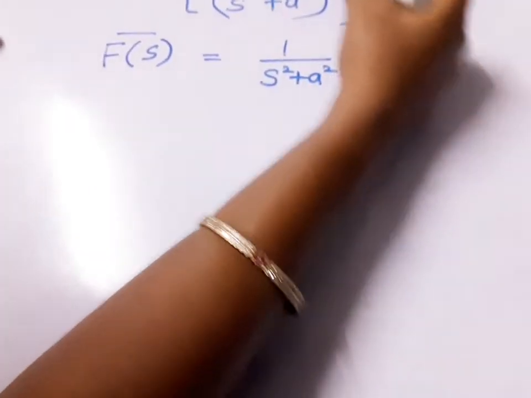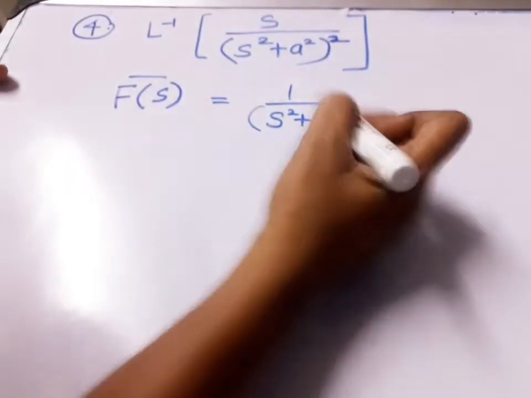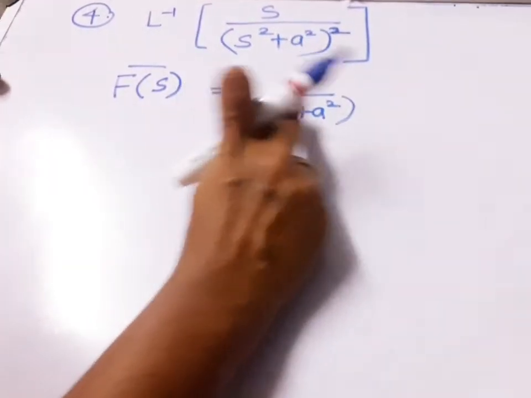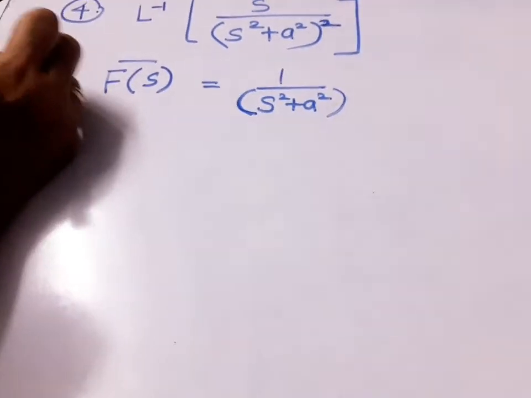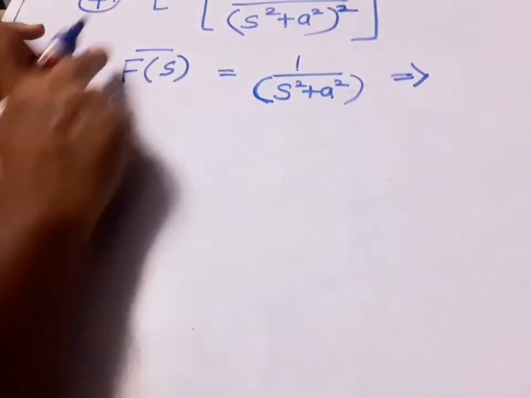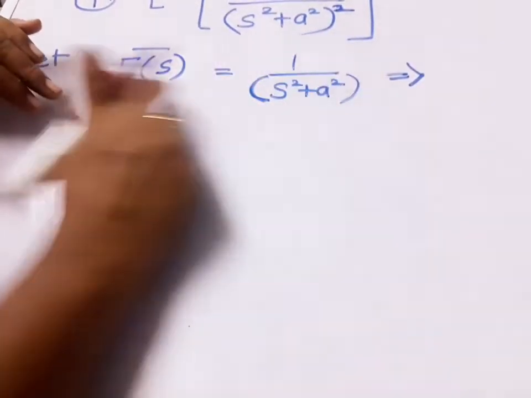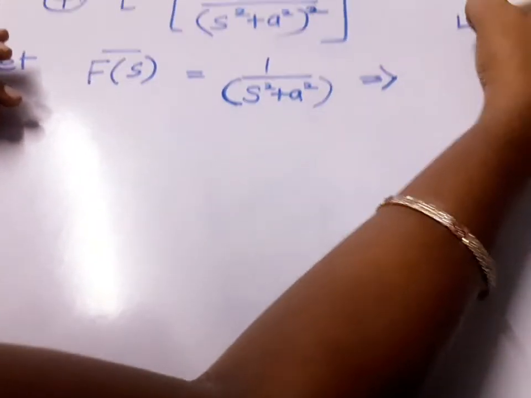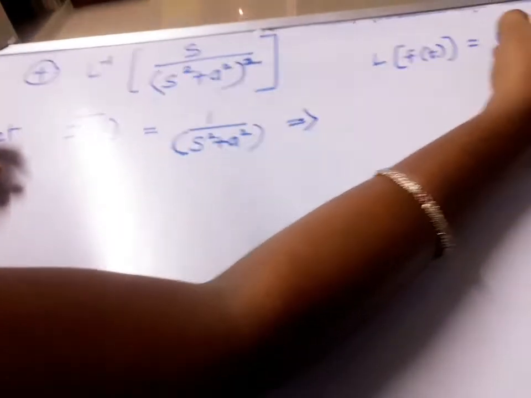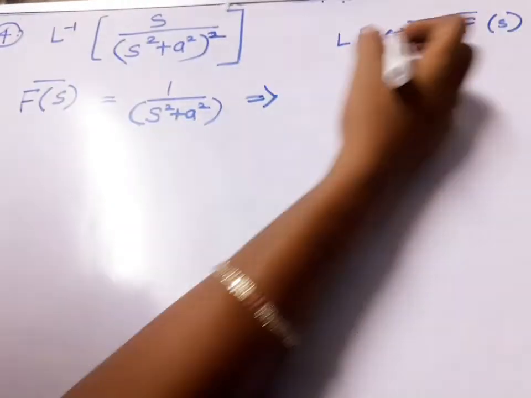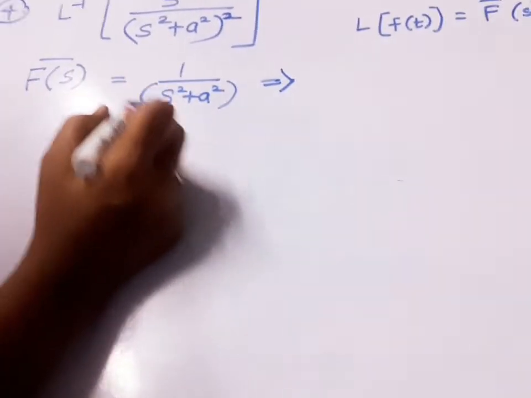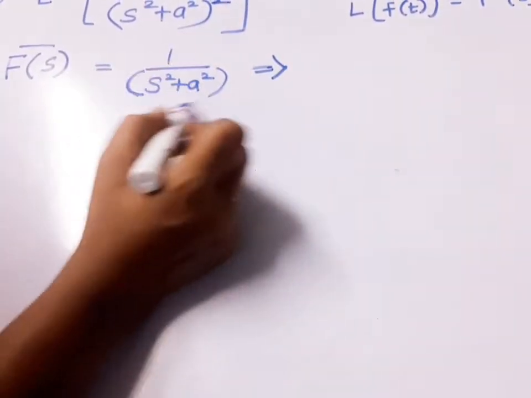That is, without this square and the numerator, you consider this. This is our assumption. So, what is the f of t corresponding to this f bar of s? That is, we know L of f of t is f bar of s. So, L inverse of f bar of s is f of t. That is, L inverse of this term. What is L inverse of this term?